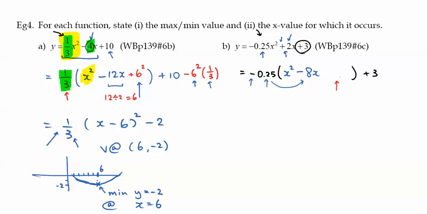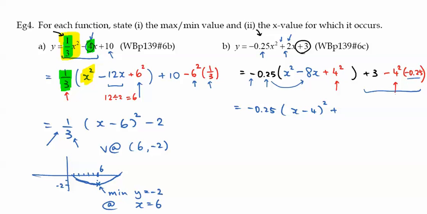Now we need to complete the square. We need to add this extra term to it, and we need to offset the change. I'm going to add 4 squared and subtract 4 squared at the end, this many times. So the whole thing becomes negative 0.25 times x minus 4 squared, and the constants will give us, well, use your calculator, 16 times a quarter, so that gives us 4.